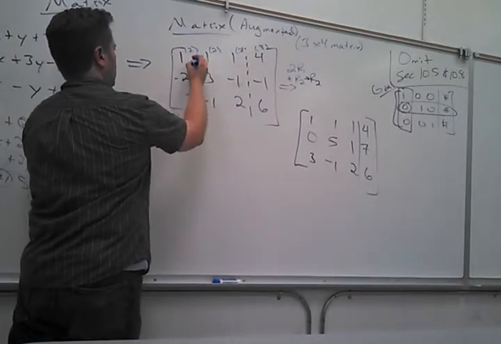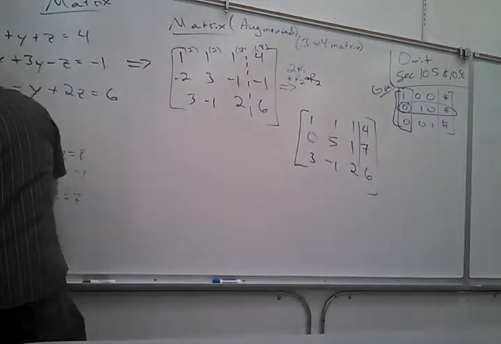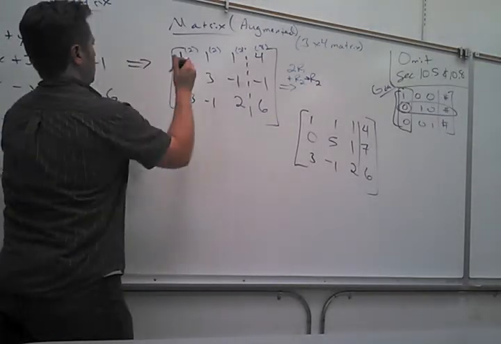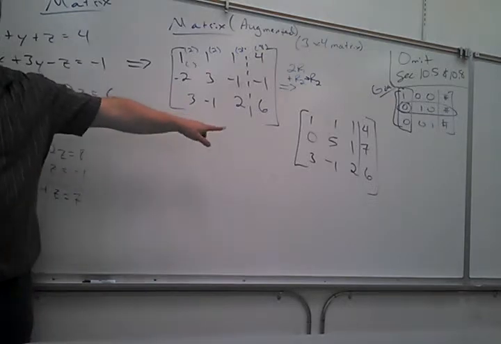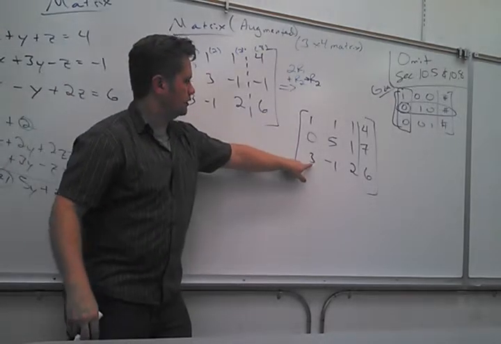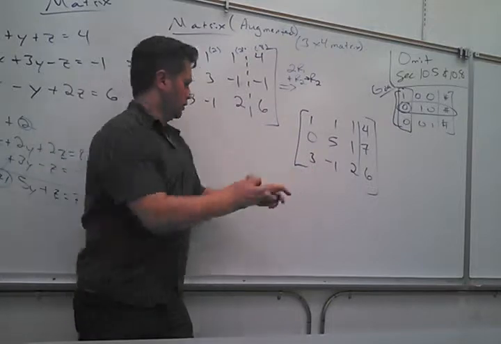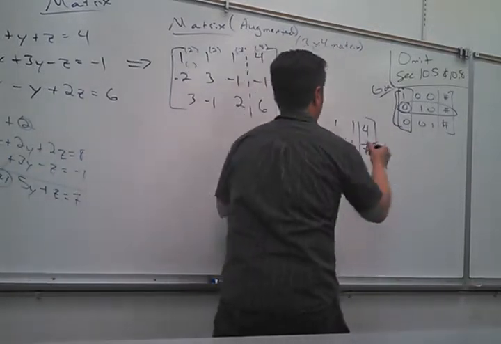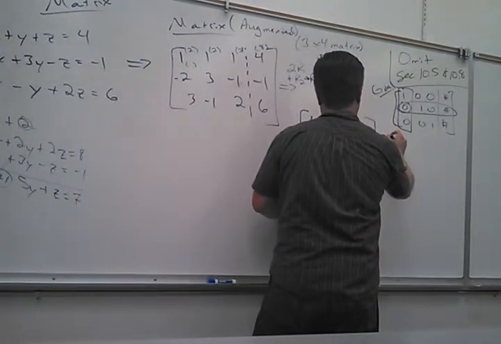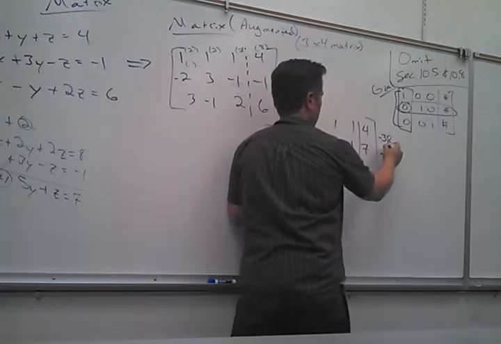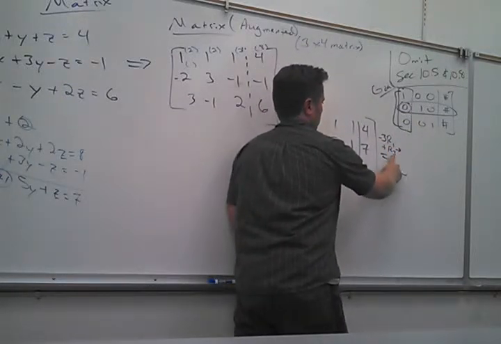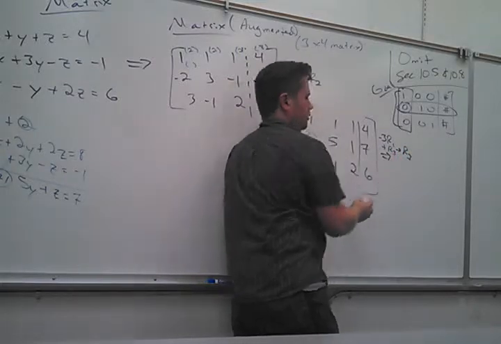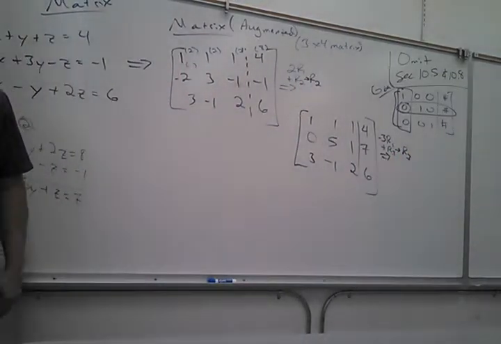I would put underneath here, with the marker that works, the next thing I would do, so I don't have to rewrite it. I already rewrote it. But what would I do next to kill this 3? Multiply by row 2. Yeah, so I want to do negative 3 times row 1, plus row 3, and put the answer where? Row 3.